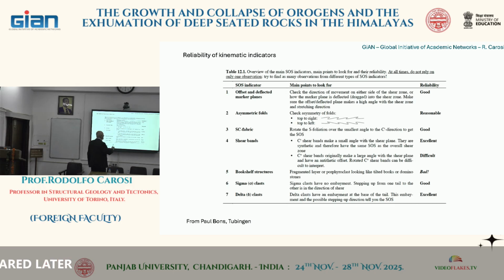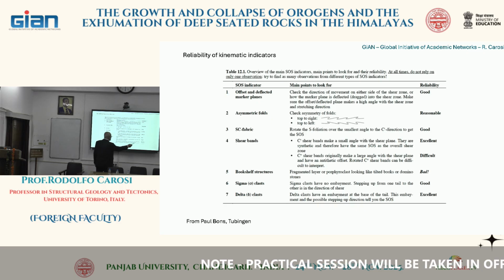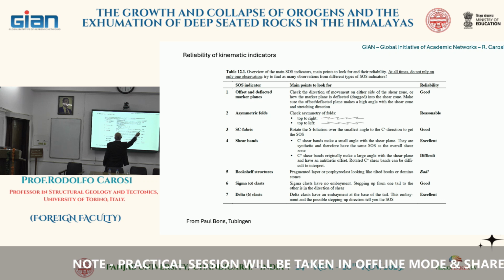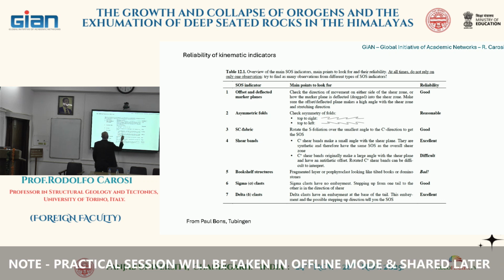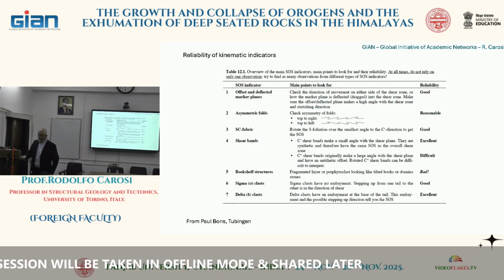For example, he found reasonable asymmetric folds and very bad bookshelf structure. Depends on, but for example, delta are excellent, sigma are good, shear bands excellent, S fabric good. You can see an overall view of this one.